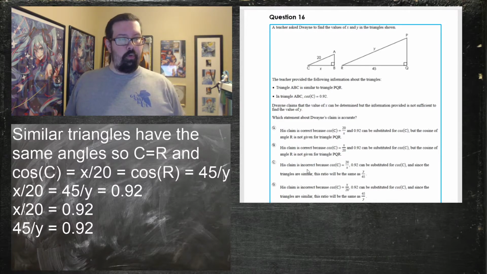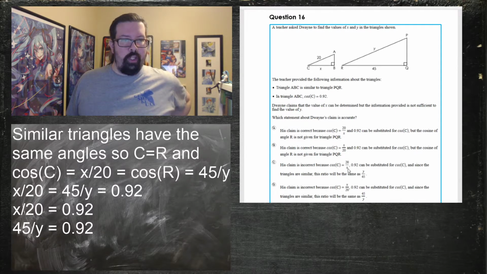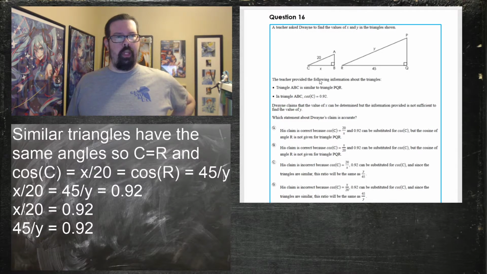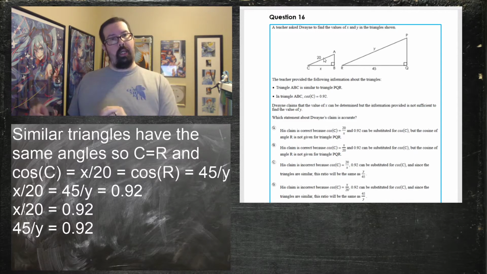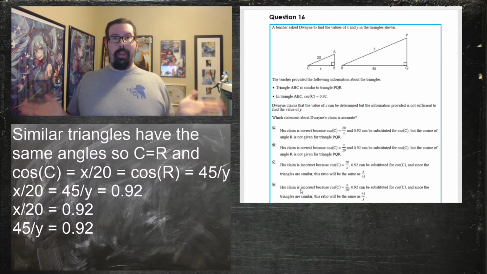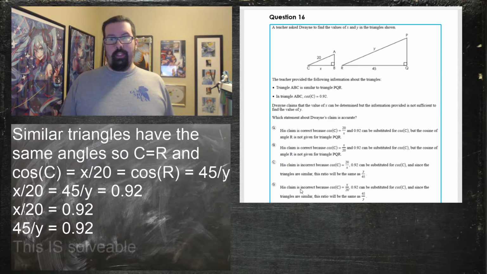His claim is incorrect, because cosine of C equals 20 over x. Well, hold up. No, it doesn't, because the cosine of C equals x over 20, adjacent over hypotenuse. So that means C isn't going to work, so D, our only answer remaining, has to be the correct answer, and it is, because this is solvable.